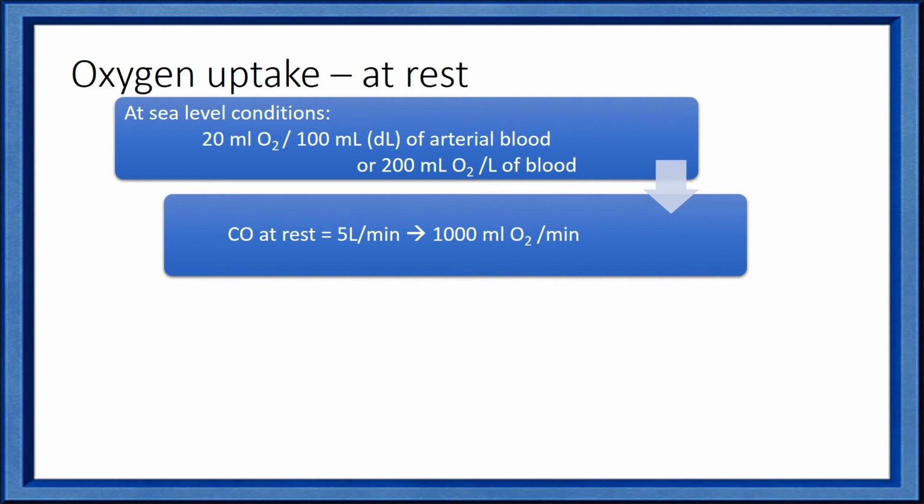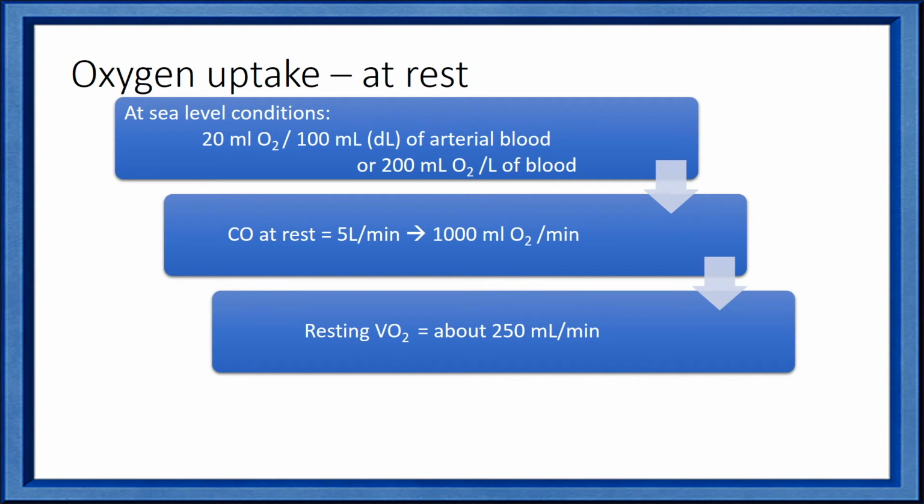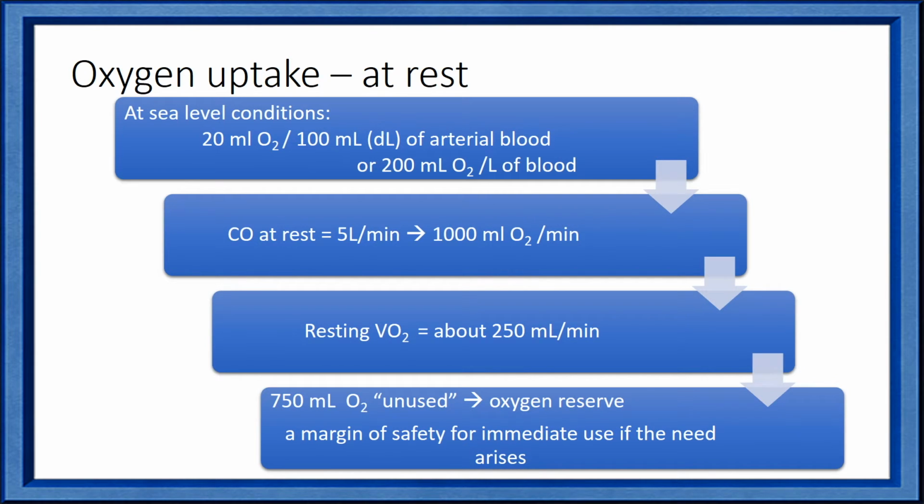Since the resting cardiac output is about 5 liters per minute, potentially 1,000 ml of oxygen becomes available during 1 minute. The amount of oxygen consumed by the body at rest is only 250 ml per minute. Thus, 750 ml of oxygen returns unused to the heart.